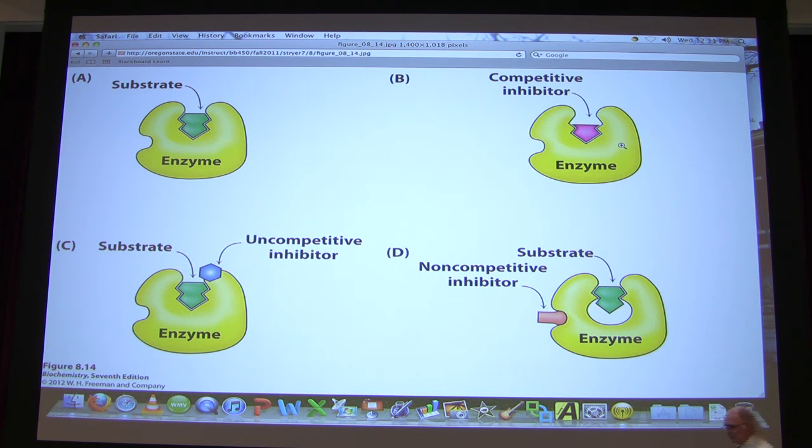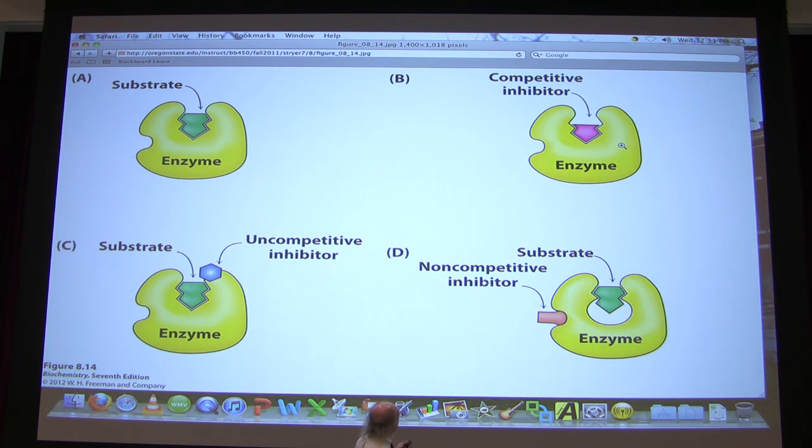By contrast, there's a very different mechanism called non-competitive inhibition, and it's depicted on the bottom of the screen. In this case, we have an enzyme that binds to a normal substrate. Here's the same enzyme.